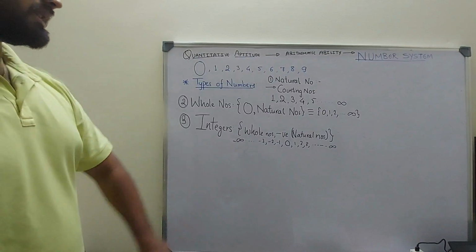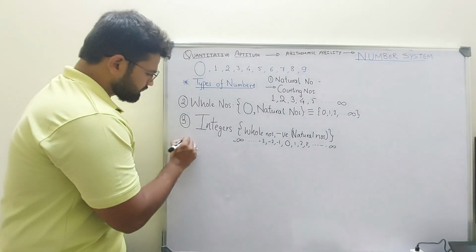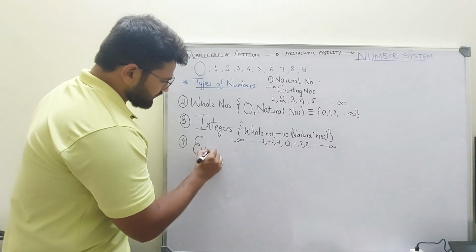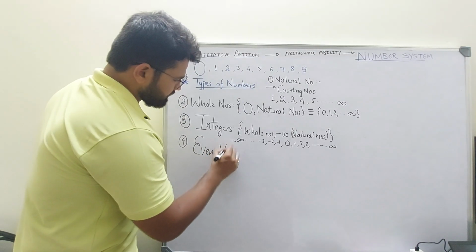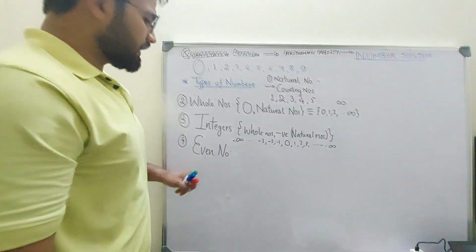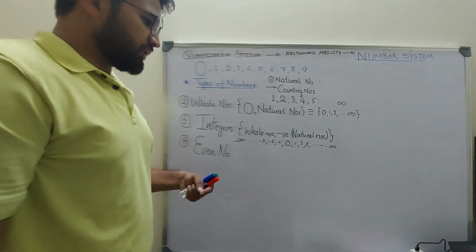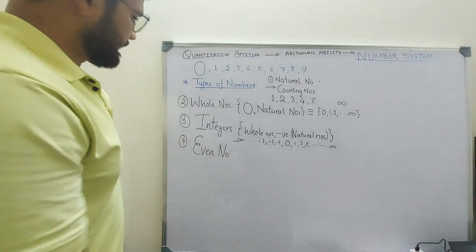Now let's move towards another type of number, that is even numbers. What are even numbers? Even numbers are the numbers which are divisible by 2.